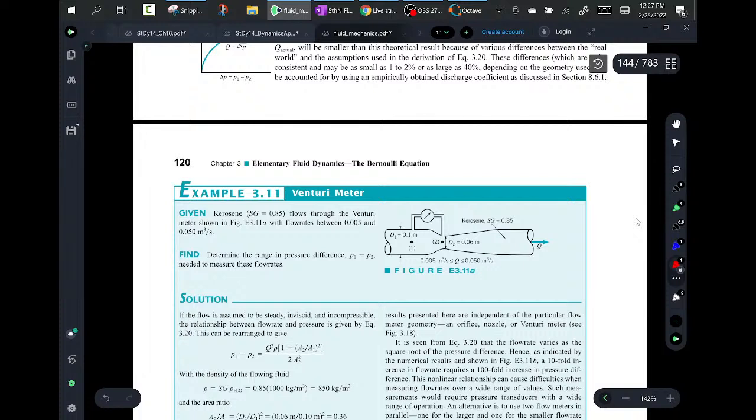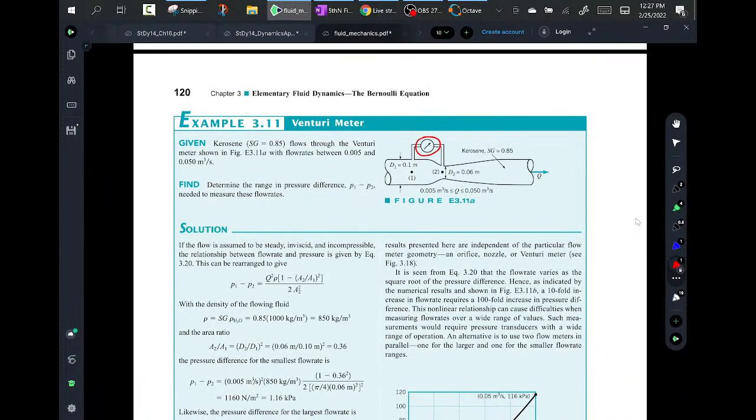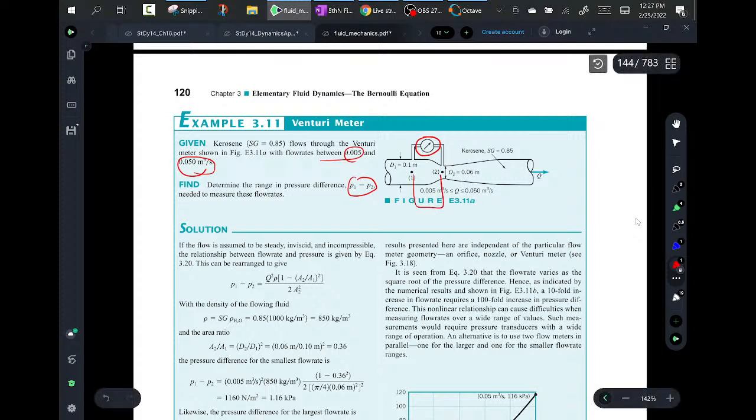So here's a typical case. Now what he's done is he's cheated and basically said, I just got a dial that tells me that pressure difference. I don't like that, but determine the range of the pressure differences between here and here with the flow rates between this and that. So he writes Bernoulli's between 1 and 2, takes the continuity between 1 and 2.